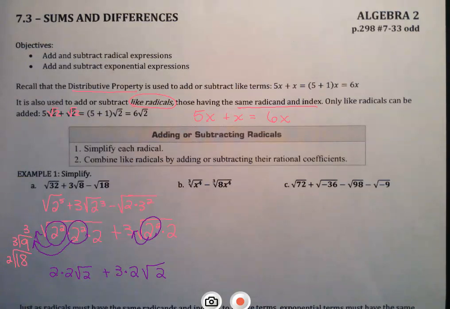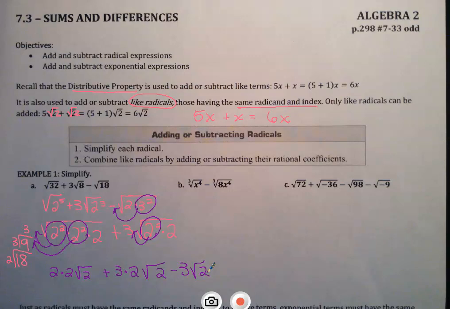So what can I bring out of this one? The 3 squared. The square root of 3 squared is 3. So it's minus 3 times the square root of 2. Perfect.